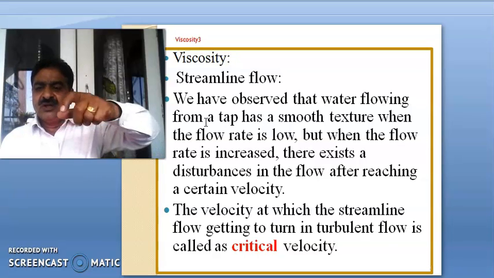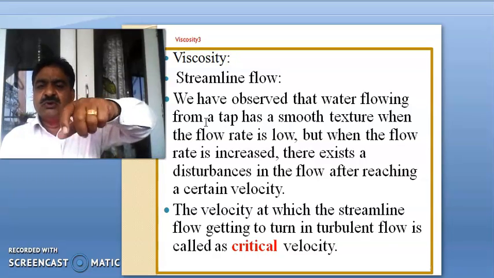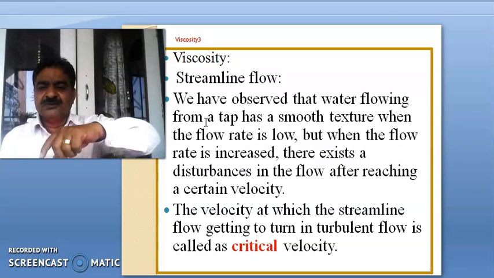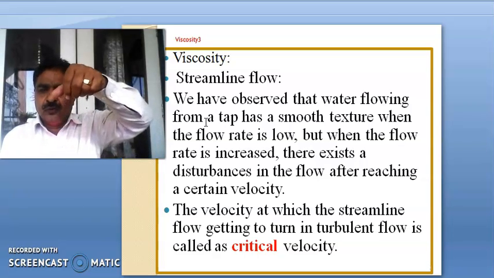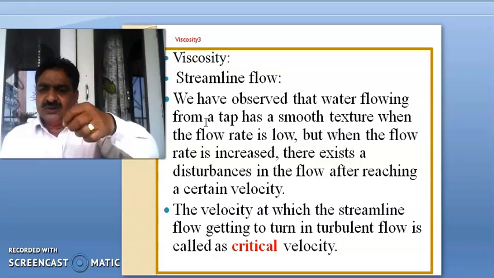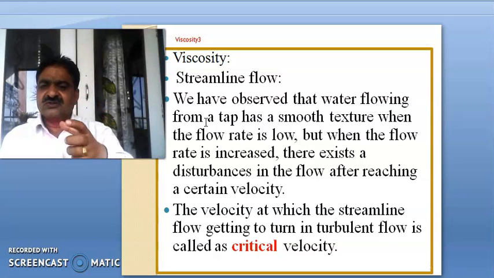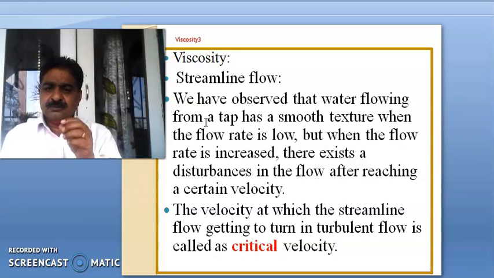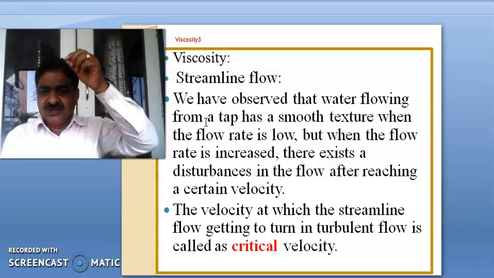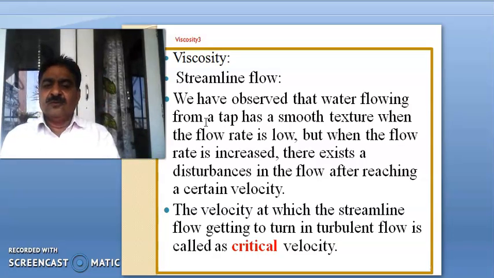But as we raise its velocity, it increases, and one certain velocity is reached. At that velocity, the water from the tap gets disturbed. I mean, disturbance exists in the flow of water from the tap.